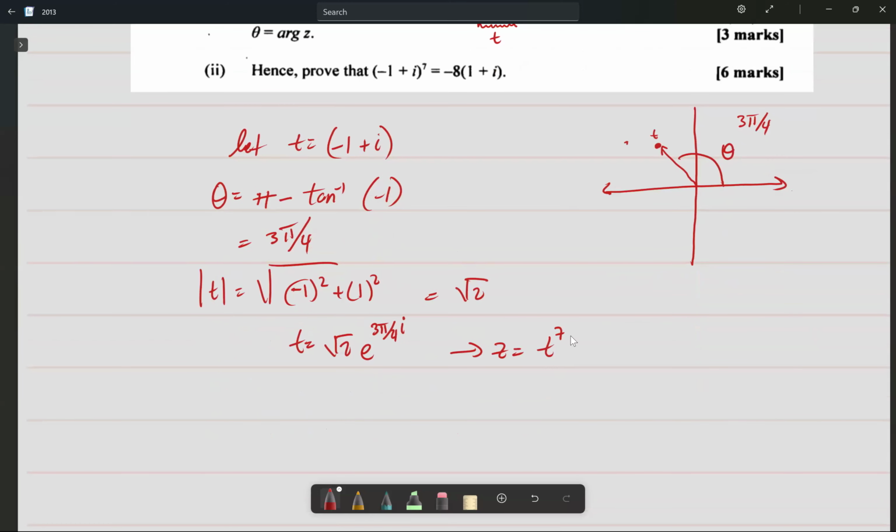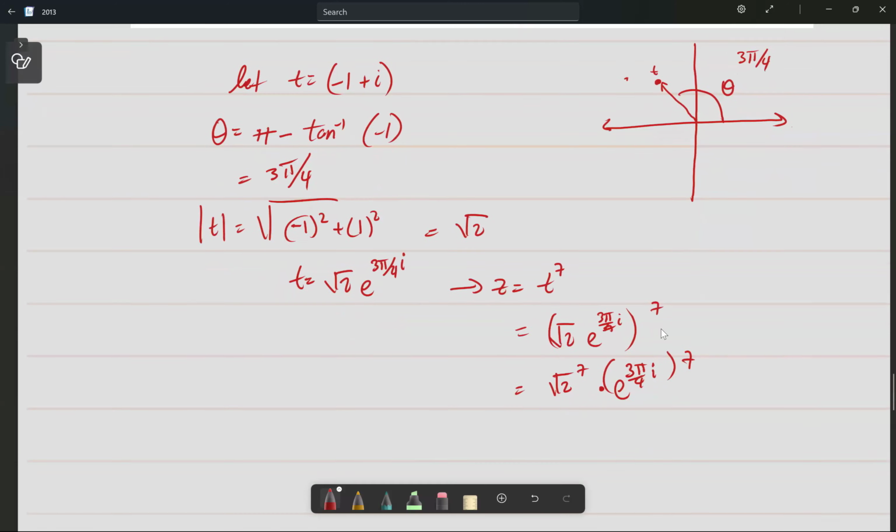So that's square root of 2 e to the power of 3 pi over 4 i, raised to the power of 7. Individually, that's square root of 2 raised to the power of 7 multiplied by e to the 3 pi over 4 i raised to the power of 7.